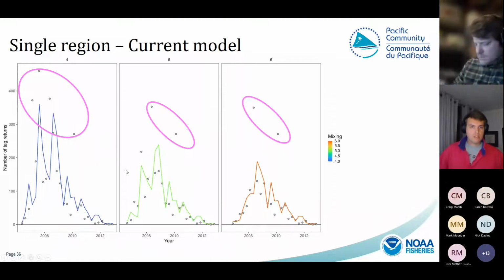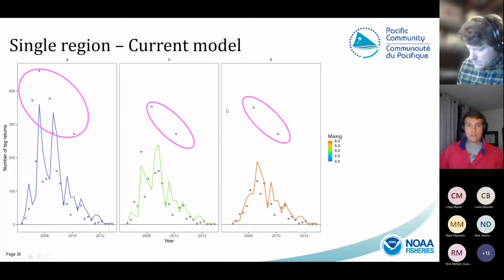So that's I guess an example of a persistent misfit or misspecification that we haven't been able to deal with at this point. Ideally, you'd like to fit these observations a little bit better. But maybe that will improve in the 4-region model. We'll see in a few slides whether or not that's the case.